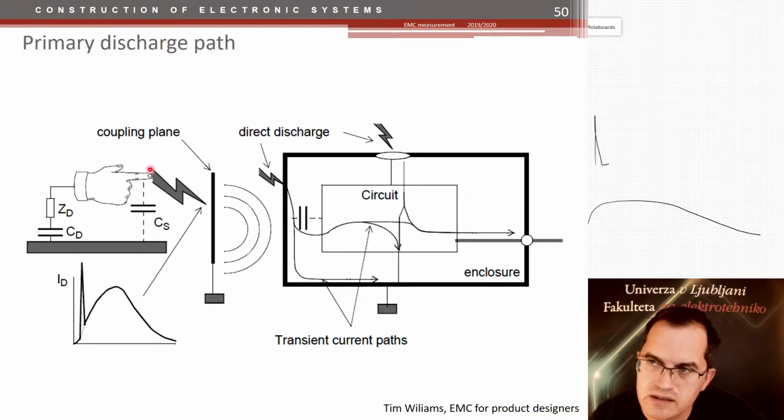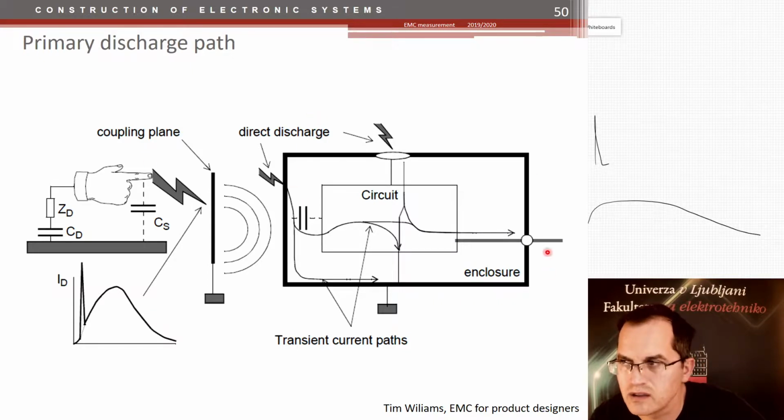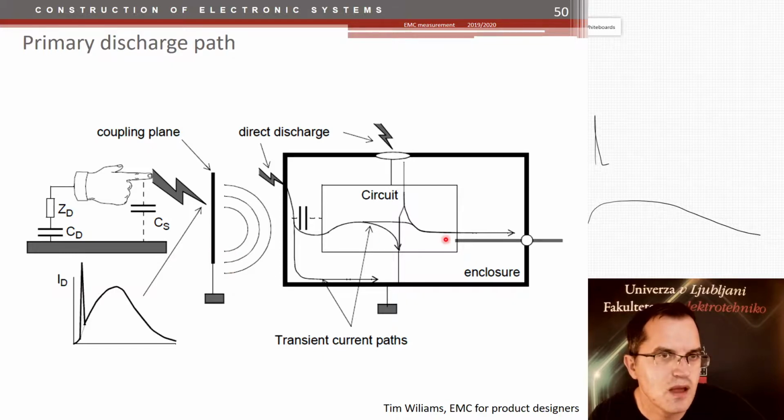Now, if the current is conducted through a certain part of your case, for example, or even close to your device under test, you still generate an electromagnetic field, which is then coupled into the device. Of course, you can also get discharged into the case of the device itself. And if the case is metallic, then you have a current flowing through that metallic case to the ground, and then this electromagnetic pulse is transferred to the circuit again.